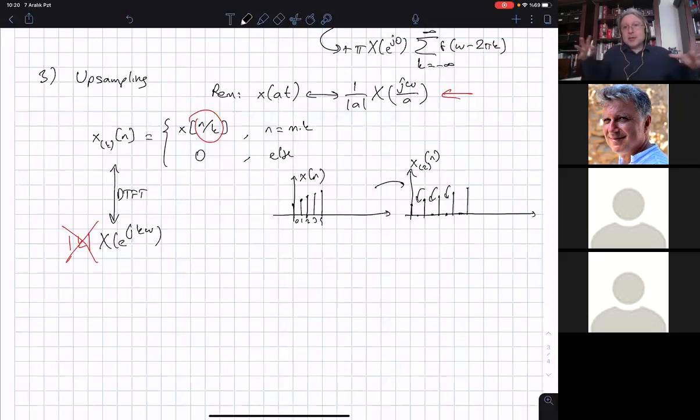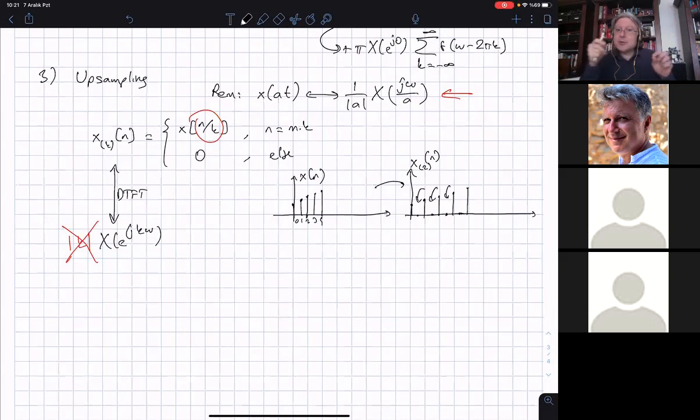So you are interpolating the signal in continuous time. It's getting larger, and larger signals will have more energy. Because of that, we would have a magnitude of k times, or magnitude of a if you have a continuous scaling of a. But now we don't have it because the energy does not change.